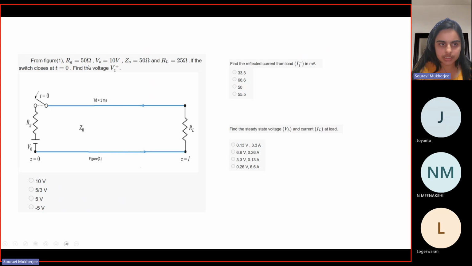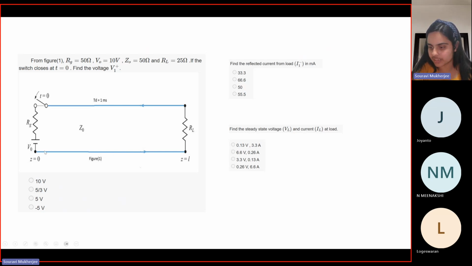Here you see that the generator has some resistance at the source, and there is a switch here. You know the characteristic impedance of your transmission line, and you know the load impedance. The question asks: when the switch closes, what is the voltage V1 plus, the incident voltage at this end?